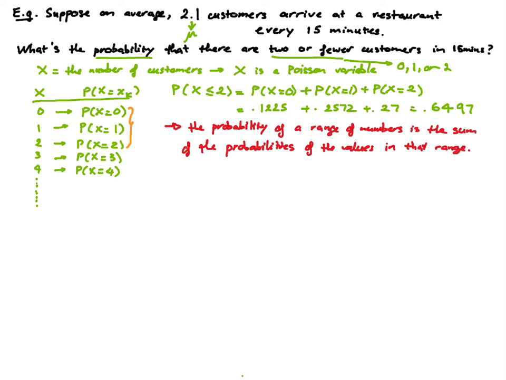So here we wanted to find the probability that x is less than or equal to 2. When x is less than or equal to 2, we're thinking 0, 1, and 2. And so the probability that x is less than or equal to 2 is going to be the sum of the probability that x is 0, the probability that x is 1, and the probability that x is 2.